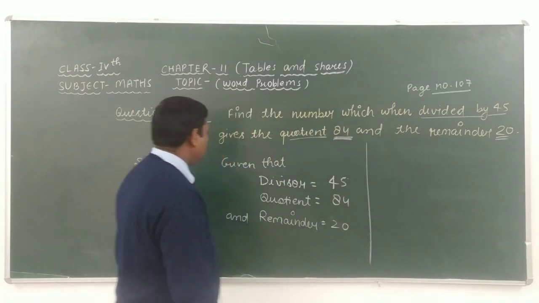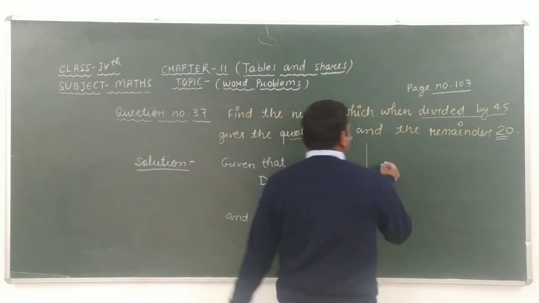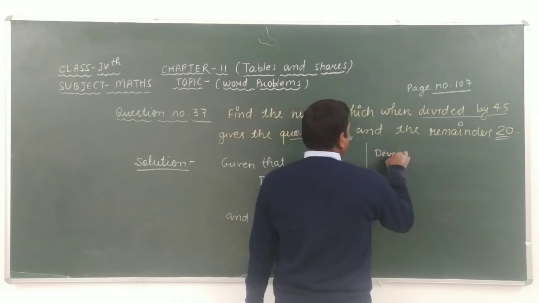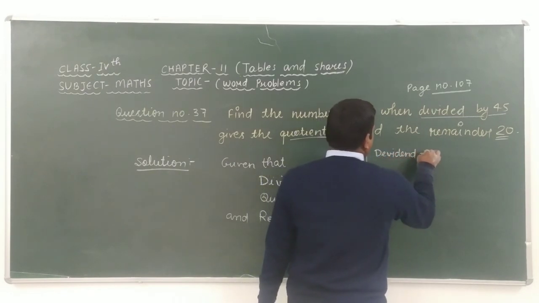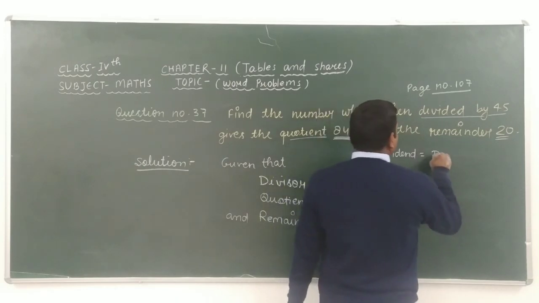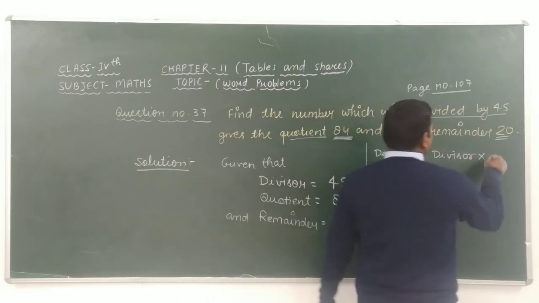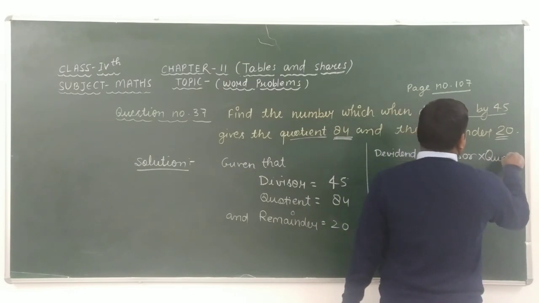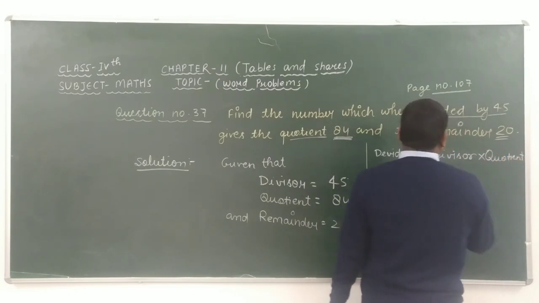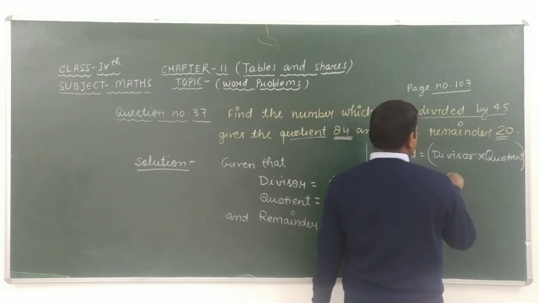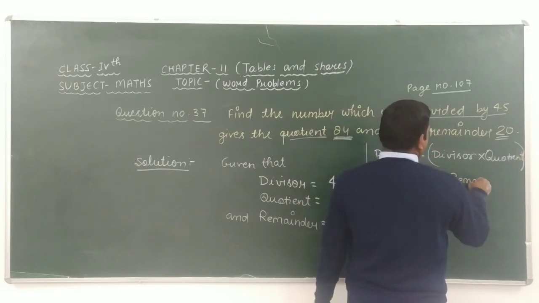So the formula is: dividend is equal to divisor into quotient plus remainder.